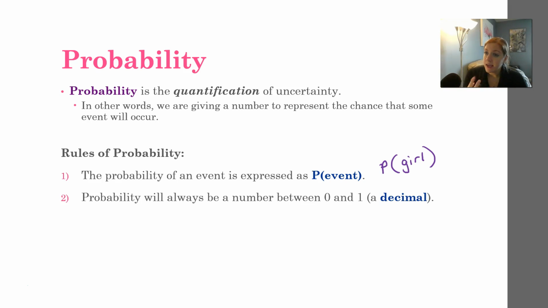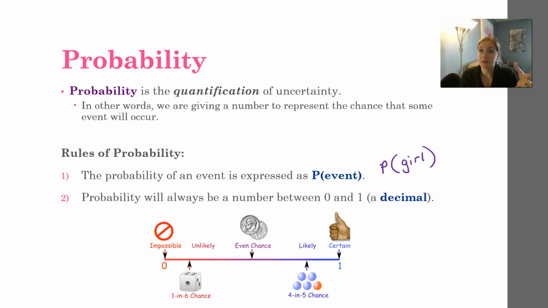Okay, the second rule is that all probability has to be between 0 and 1. Essentially because it has to be from 0, which is impossible, can't happen, and 1, which would be 100% possibility that it's going to happen, which means we are absolutely sure that it is going to happen.